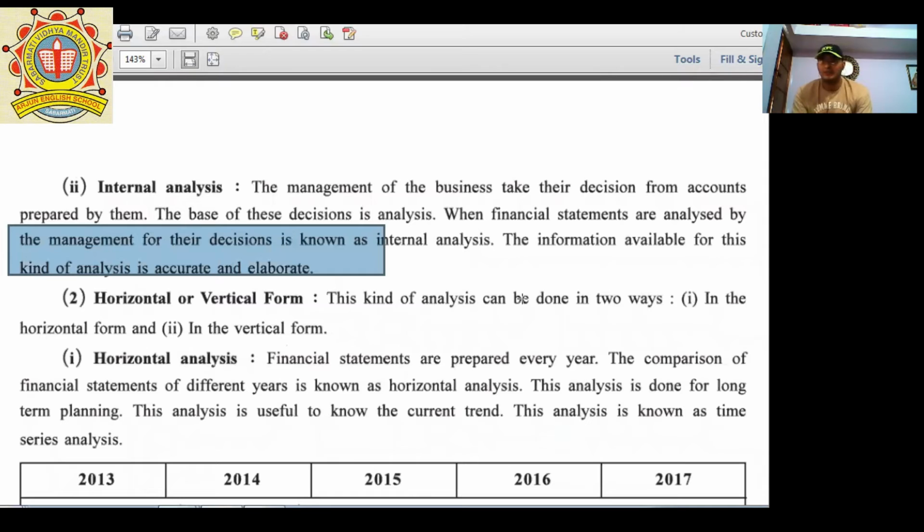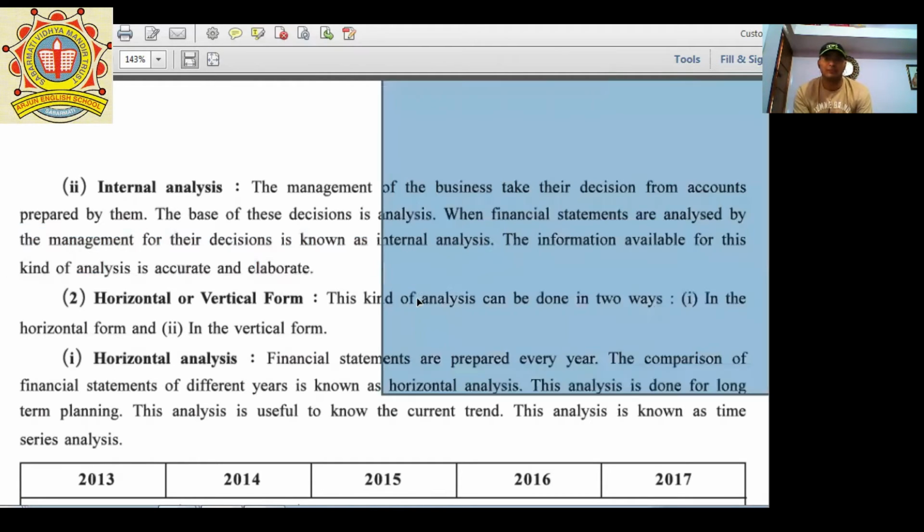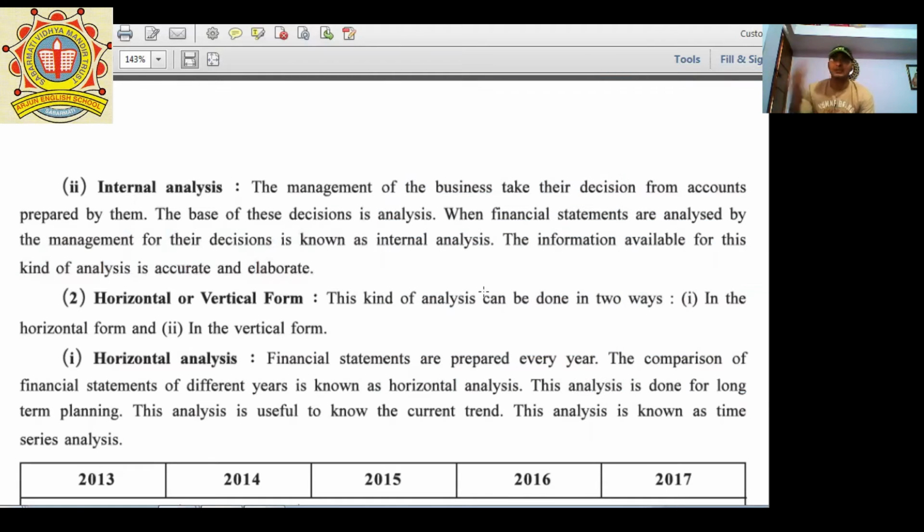Means if management wants to know about the financial situation and the exact and accurate figures of what is going on, for any future decisions, like if the company wants to expand their business, if the company wants to shut down their business, or if the company wants to grow in another sector. So all these aspects are analyzed by the management for their own matter, so it is called internal analysis.